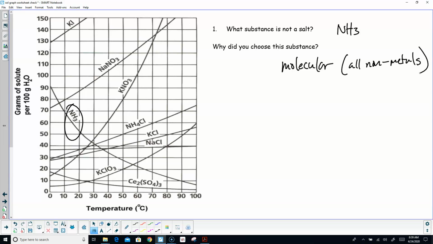What you're going to find is that the solubility of molecular substances, things that are all nonmetallic, tends to decrease with increased temperature, whereas most ionic substances do increase. So if you have a metal and a nonmetal, they tend to dissolve more when it gets warm. Now you might say, what about this cerium sulfate? It's ionic, and that's why I said most. There are some exceptions. That is one of them. But the one that isn't a salt would be ammonia.